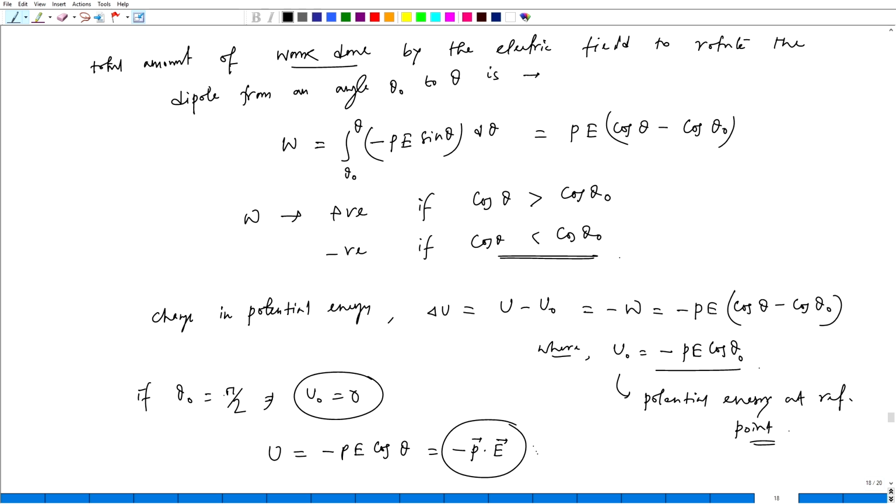Since the potential energy is a scalar quantity, it is the dot product of two vectors. So, this is the potential energy of a dipole in an external field.